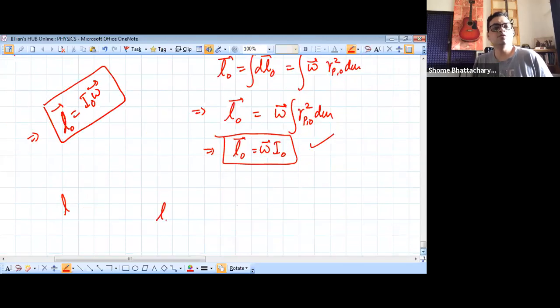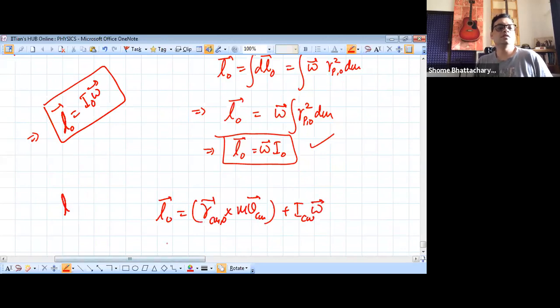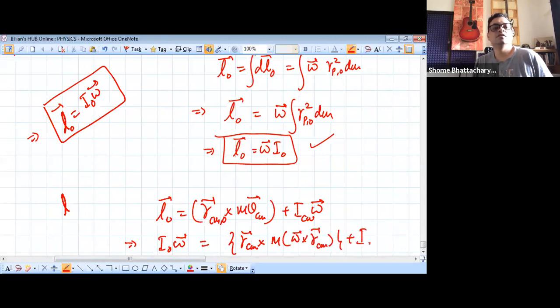Also, angular momentum about O can be written as r_CM cross M v_CM plus I_CM into omega. Now you write this as I_O omega and write this as omega cross r of center of mass, and you end up doing parallel axis.